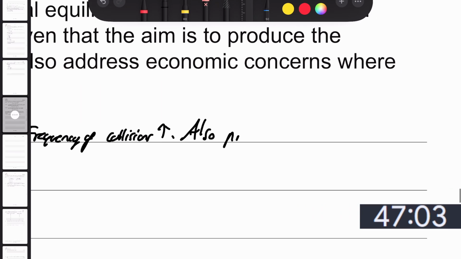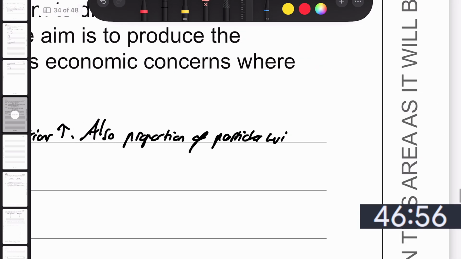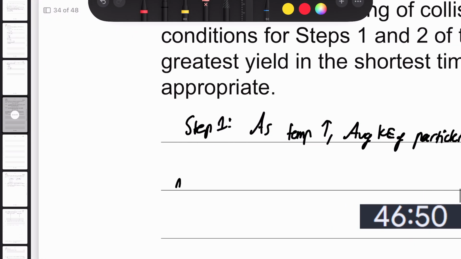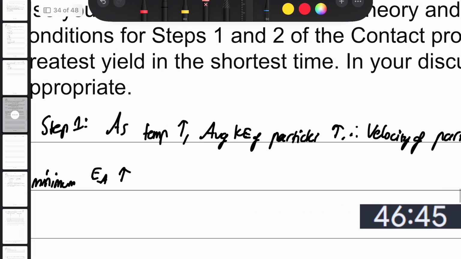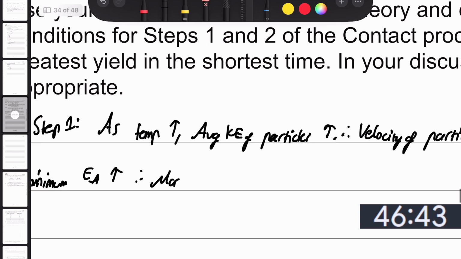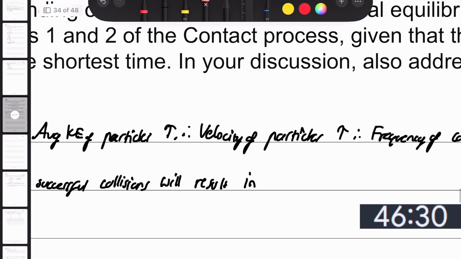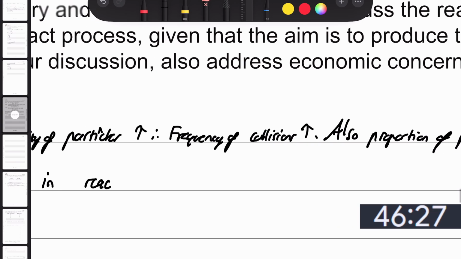Also proportion of particles with minimum activation energy will increase, therefore more successful collisions will result in reaction.